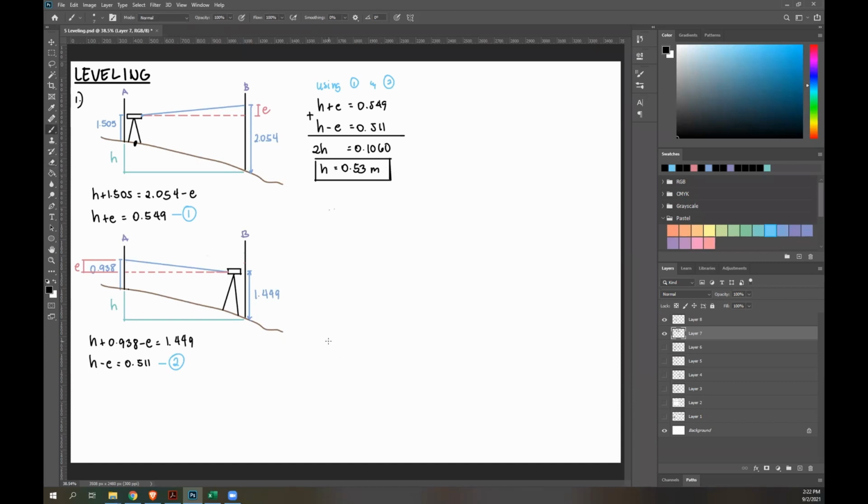So to solve for that without knowing E yet, I know H now, right? So H plus the true height of this should equal 1.449.